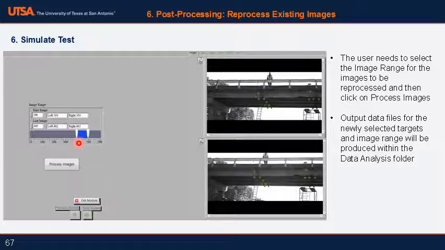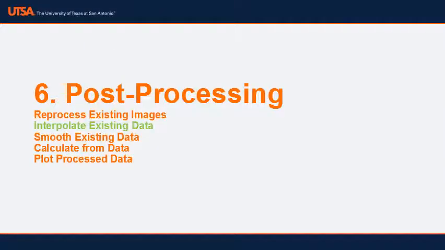That's all I want in this processing. This is the frame range that you need to process, and you click process the images. Now this may take some time depending on how many images and targets you've selected. The system will load all these images and go through them one by one, as if you were running a live test, and get you the coordinates of the targets you've selected.